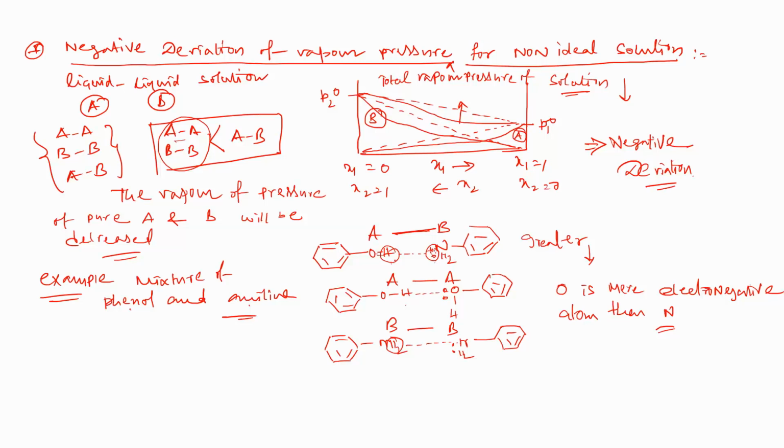But when the vapor pressure decreases, it is the negative deviation. Okay, so here we have learned some concepts about the ideal solution and the non-ideal solution. There are some criteria to know the ideal solution, and some basic criteria for the non-ideal solution, and for the non-ideal solution there are two things. One is the positive deviation and the other is the negative deviation.